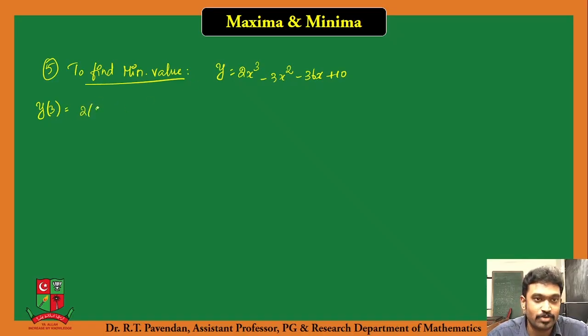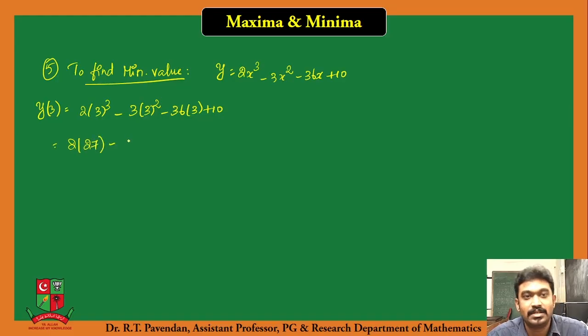So 2 times of 3 cube minus 3 times of 3 squared minus 36 times 3 plus 10. So we know that 2 times of 3 cube value is 2 times 27, that is 54, minus we have 3 into 3 square, that is 3 cube, which is again 27, minus 36 times 3 is 108 plus 10.